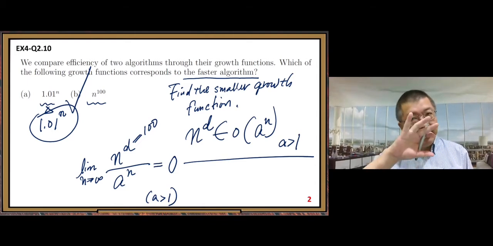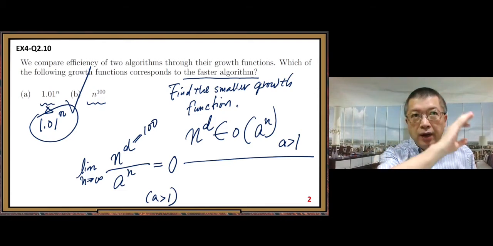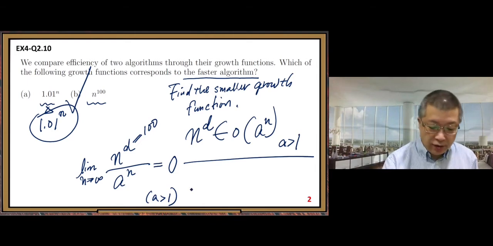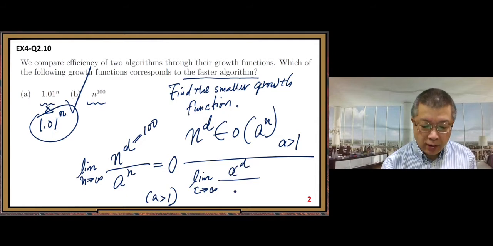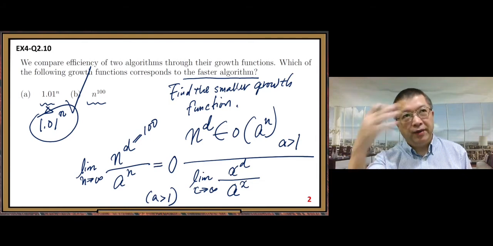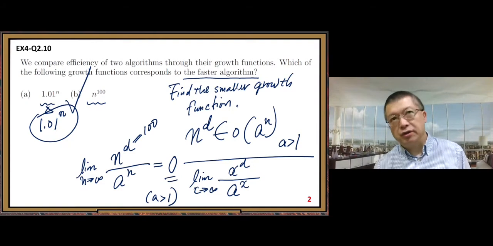First, we need to convert it to a continuous variable, because here this is a discrete variable. We convert it to a continuous variable: x to the dth power over a to the x. Then we can apply L'Hopital's rule, and then we can find this answer.